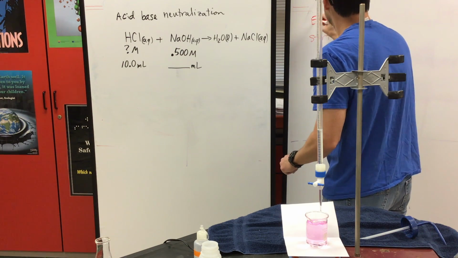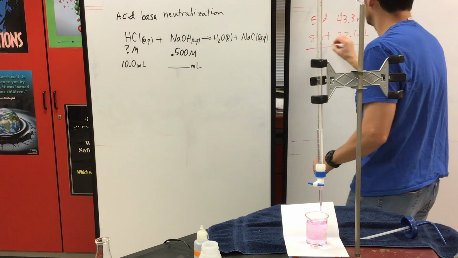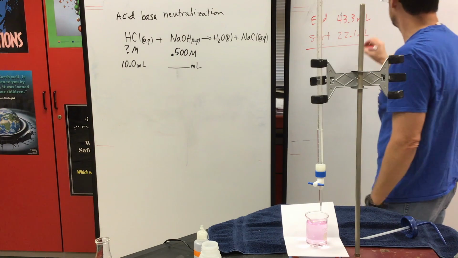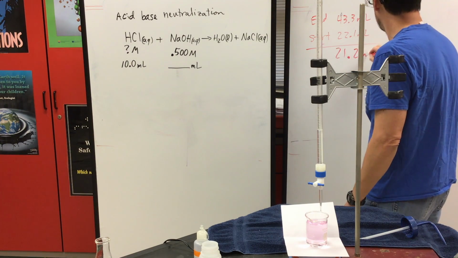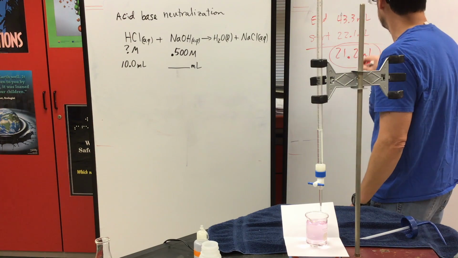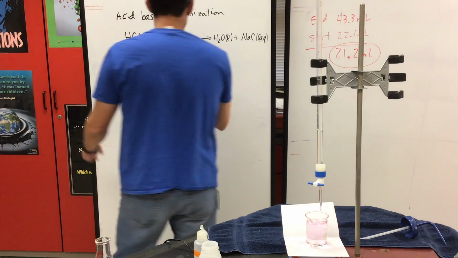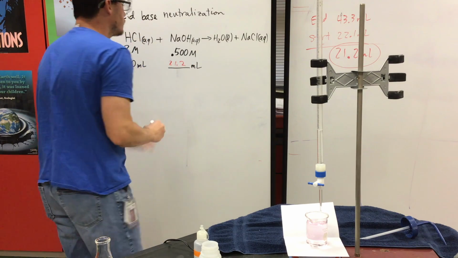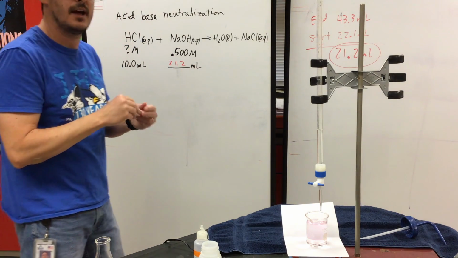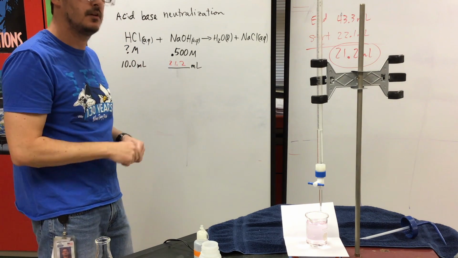That's our end amount. What we do is subtract and find the difference, and we find that we used 21.2 milliliters when we did our titration. So it took 21.2 milliliters to neutralize our acid. And that is where we pick up with the calculations.